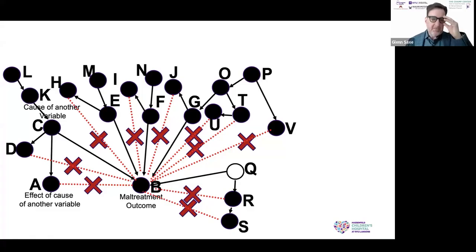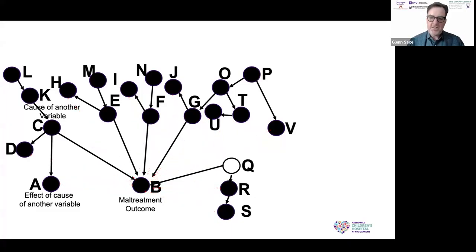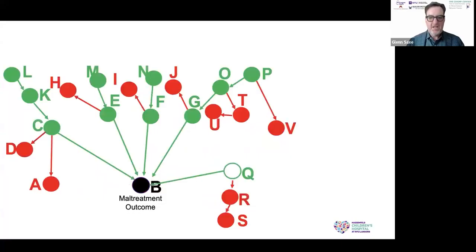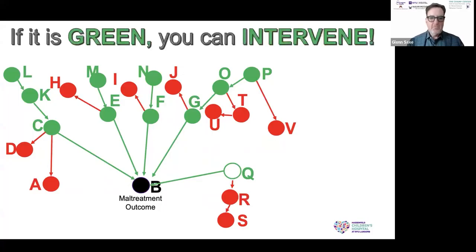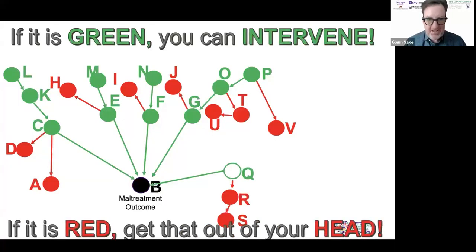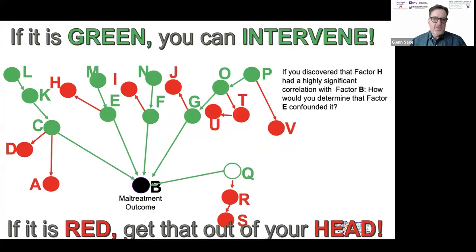So let's just clean it up a little bit. Again, we know what red and green mean, right? I'm not going to repeat it, but burn it into your brain. So just think about it.